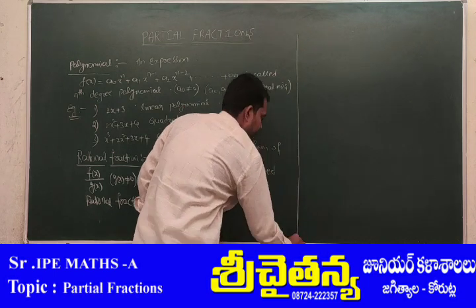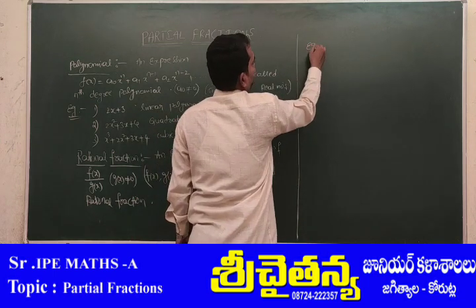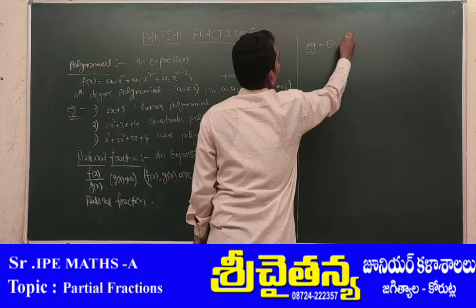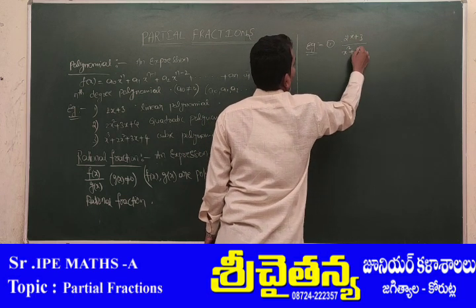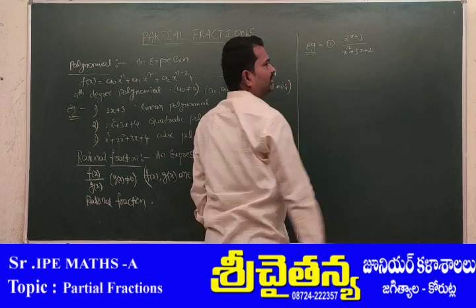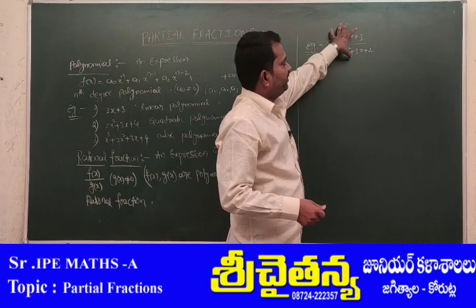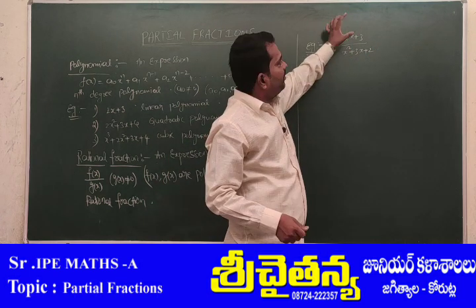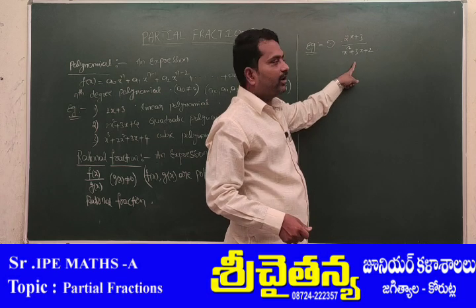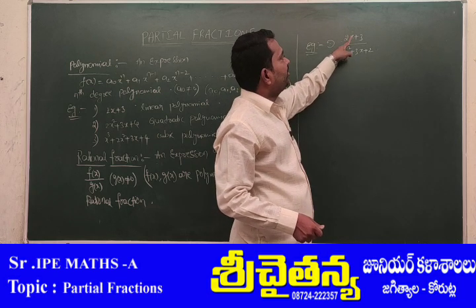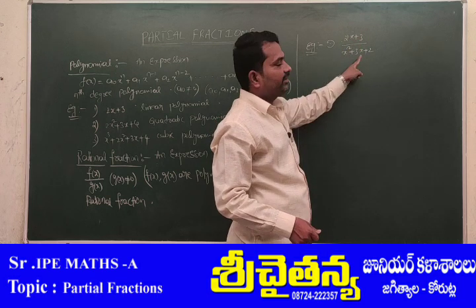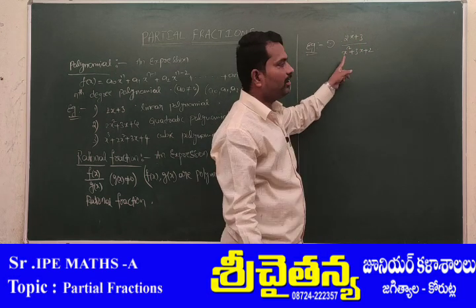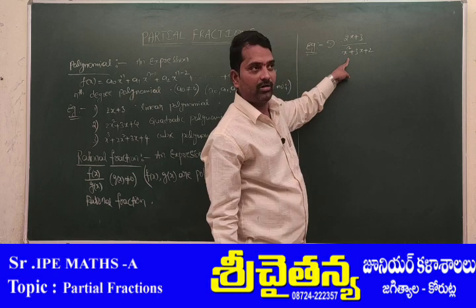What are examples of rational fractions? First, 2x plus 3 by x square plus 3x plus 2. This is an expression in the form f of x by g of x. 2x plus 3 is a linear polynomial, and x square plus 3x plus 2 is a quadratic polynomial.